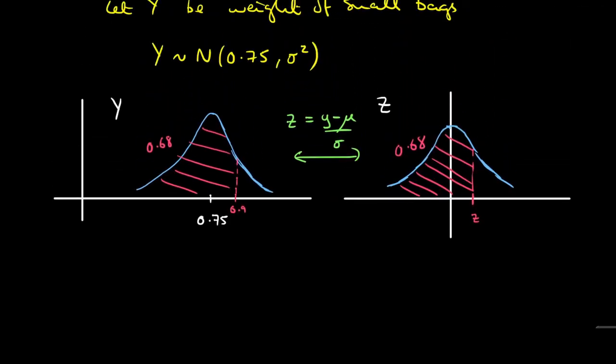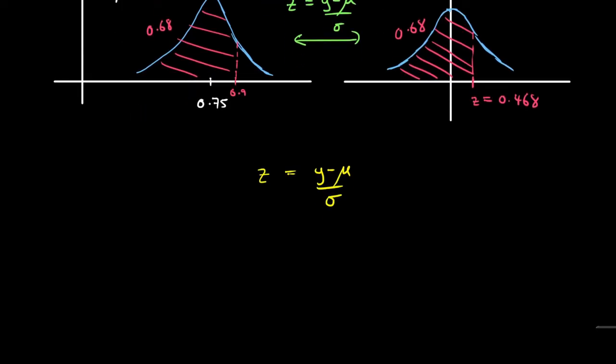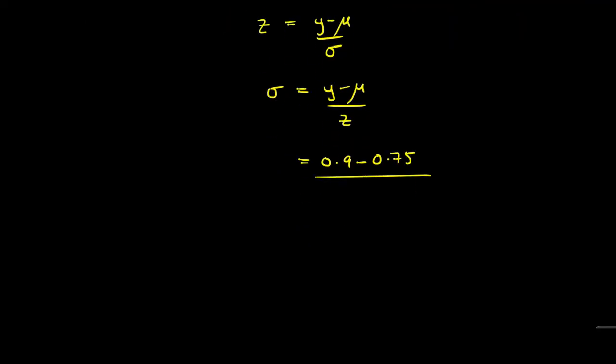So that Z value is equal to 0.468. Now, Z is equal to Y minus mu upon sigma, and we want to find sigma. So sigma is equal to Y minus mu upon Z. We just put in our values: our Y value is 0.9, our mu value is 0.75, and our Z value was 0.468.